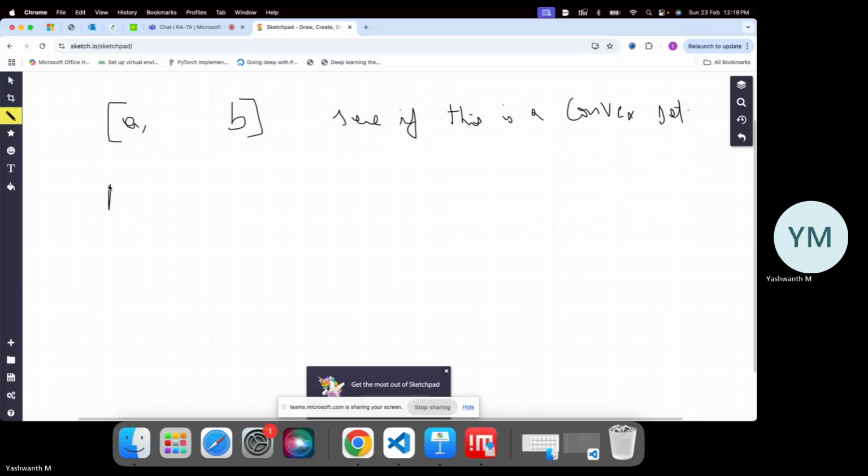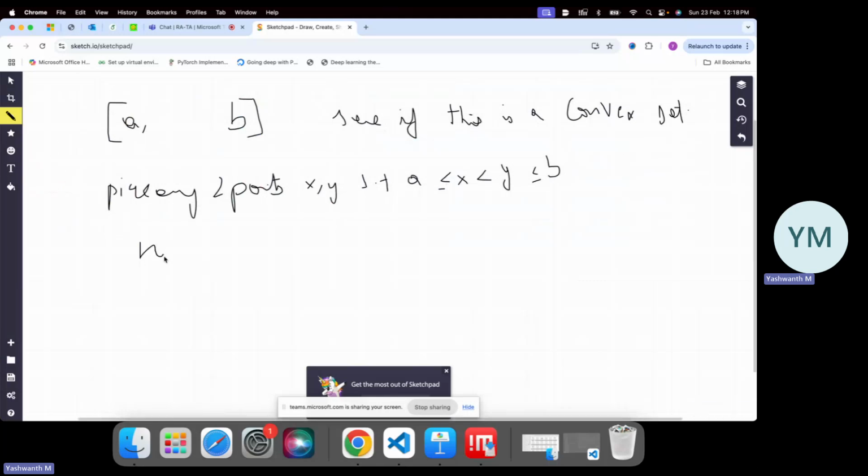Pick any two points x, y such that a is less than or equal to x is less than y is less than or equal to b.